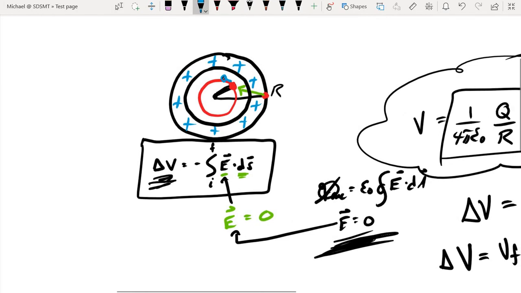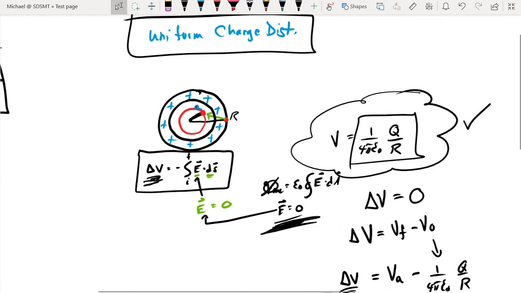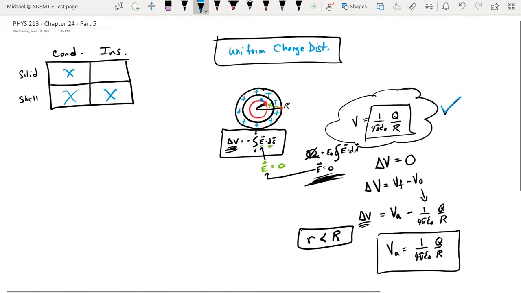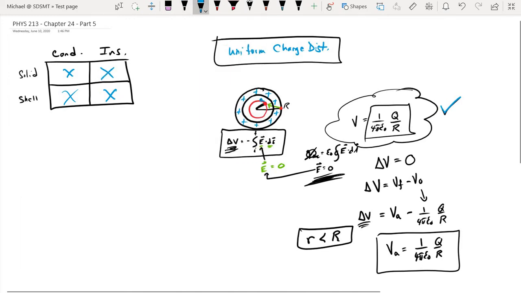Gauss's law says there is no field inside the sphere. Thus, your electric potential cannot change, and so we must have the same potential inside the sphere as what we have at the surface of the sphere. So all three of these cases are turning out to use the same expression. Where this is going to change will be for the insulating solid.